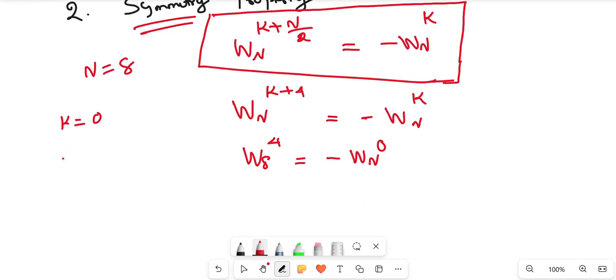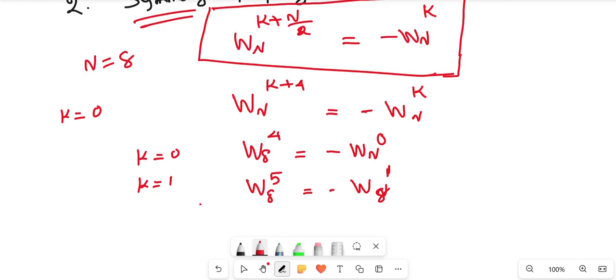Similarly, k equal to 1 means W power 5 is equal to minus W_8 power 1.